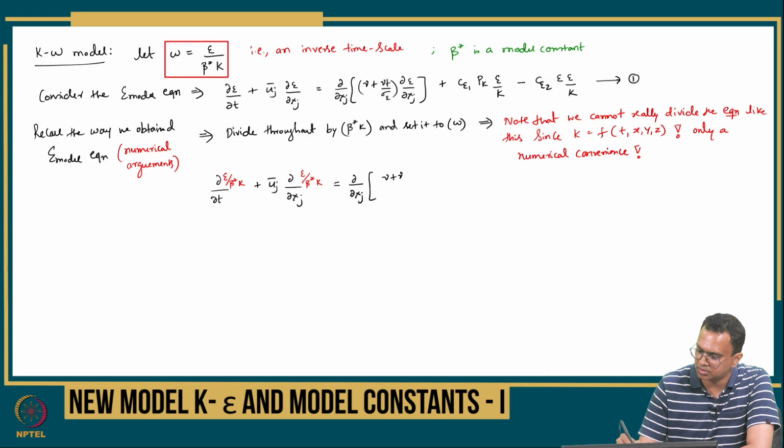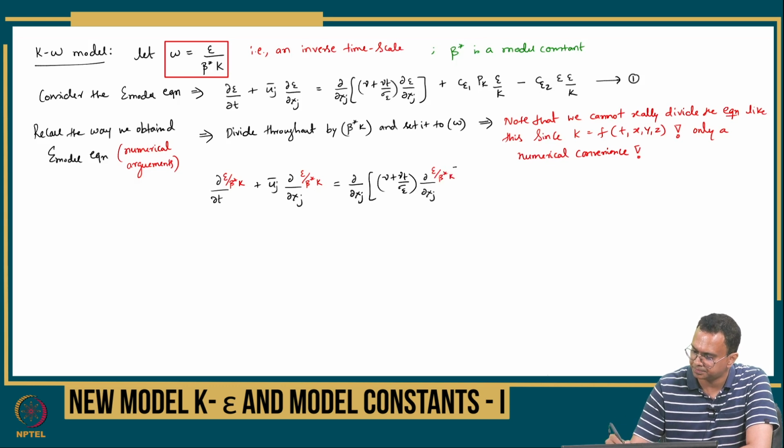and then nu plus nu t by sigma epsilon, dou by dou xj, again replacing epsilon by beta star k, plus C epsilon 1 Pk by k, where epsilon I am going to replace by epsilon by beta star k, minus C epsilon 2.